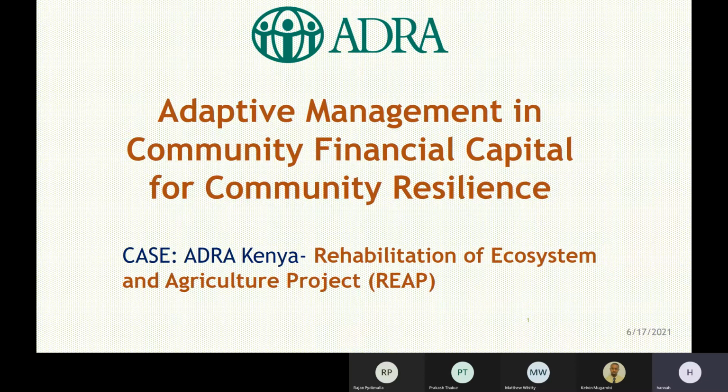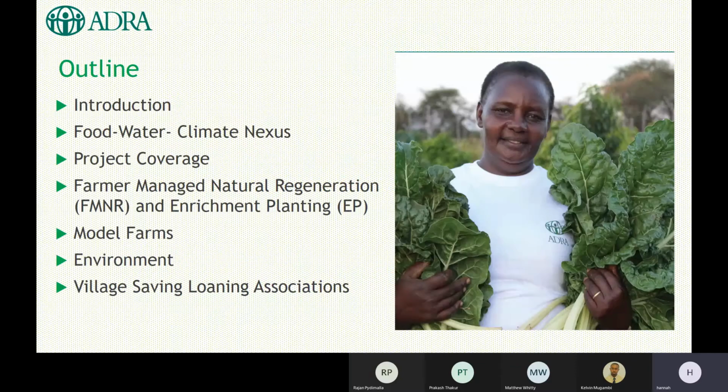the community capitals. This project was funded by ADRA Germany and BMZ, and implemented by ADRA Kenya. It's called the Rehabilitation of Ecosystem and Agriculture Project, that is REAP.